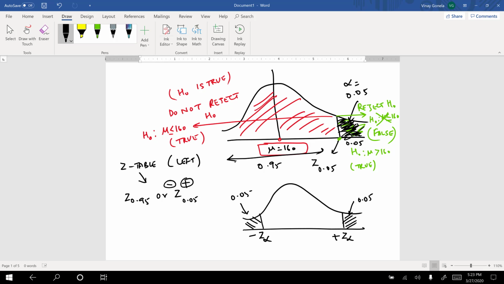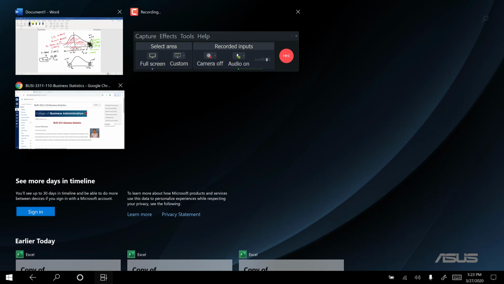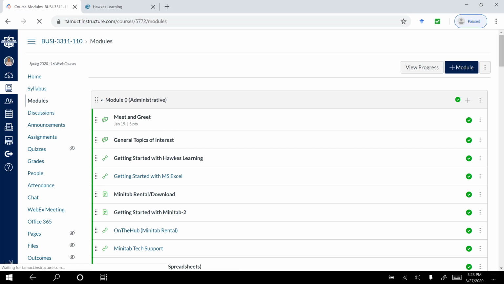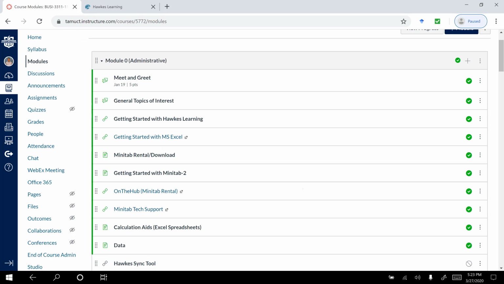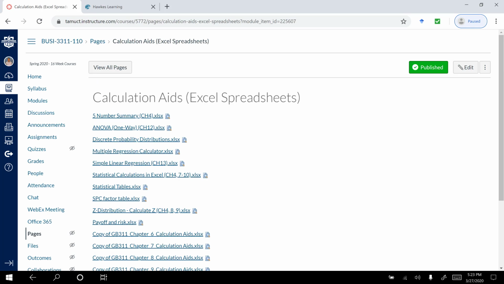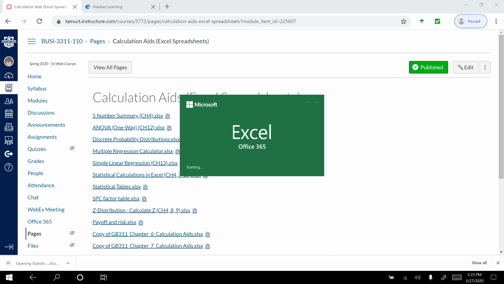So we will just use z 0.95 and look for that value in our z table. Again, I'm going to my business statistics Canvas page, go to modules, then calculation aids, look for statistical tables, and download statistical tables.